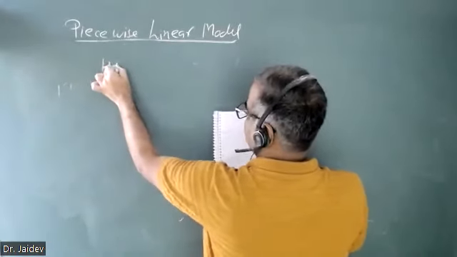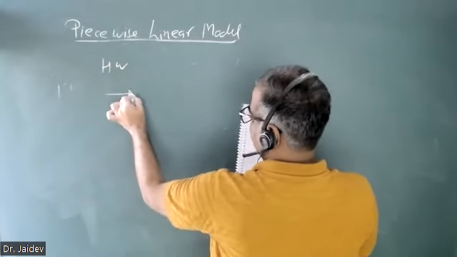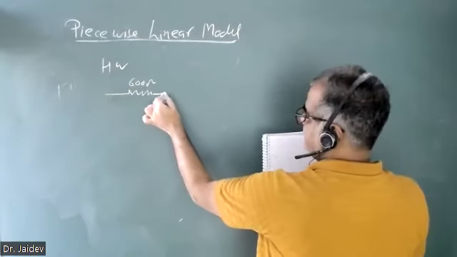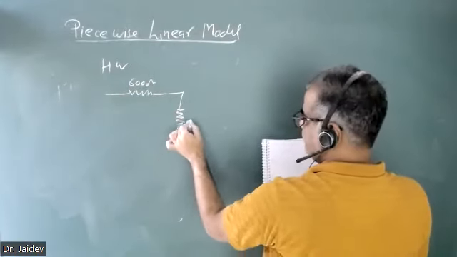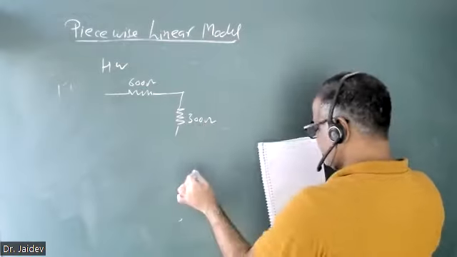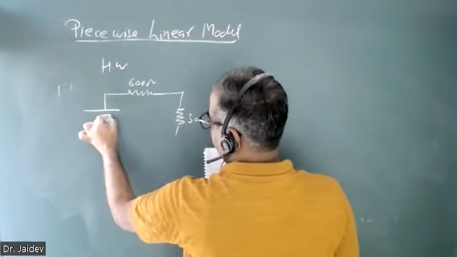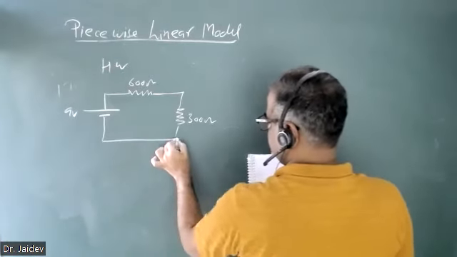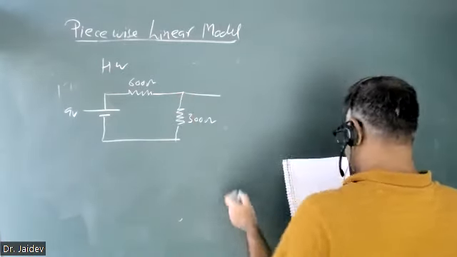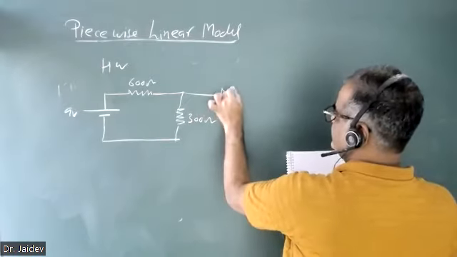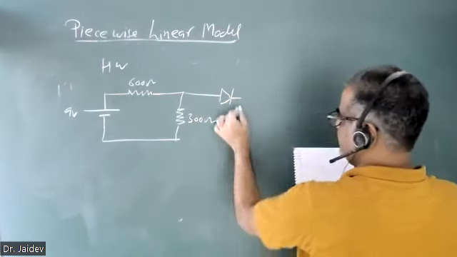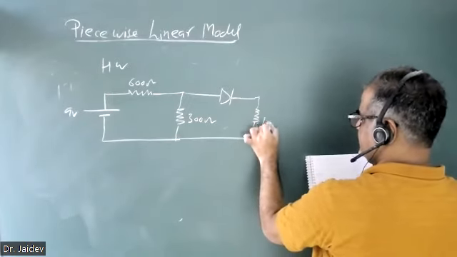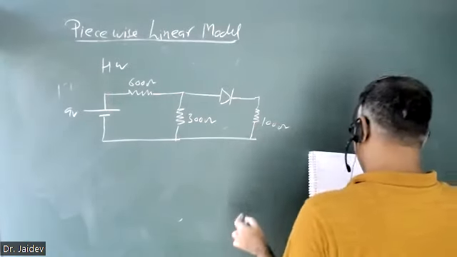The homework is, you have been given a 600 ohm resistance. Across this you have a 300 ohm resistance, and then you have a 9-volt battery, and here you have a diode, and this is your 100 ohm.